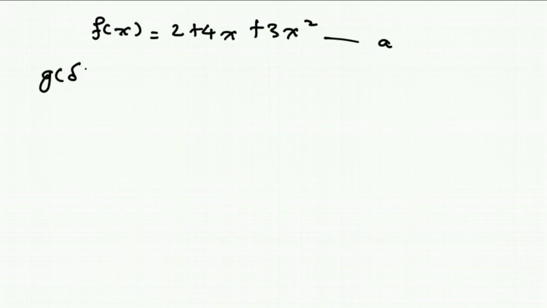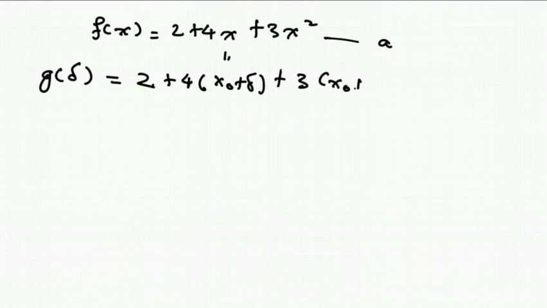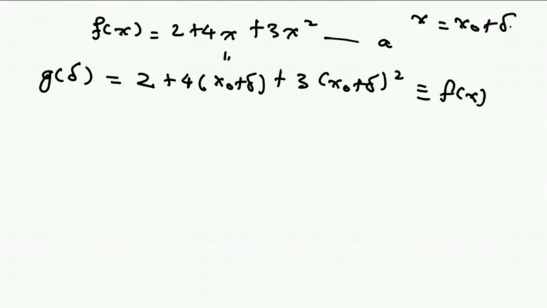g(delta) is actually equivalent to 2 plus 4 times (x naught plus delta), because x is now substituted by x naught plus delta, as we said earlier, plus 3 times (x naught plus delta) squared. And then this is actually equivalent to f(x), the original primitive function.